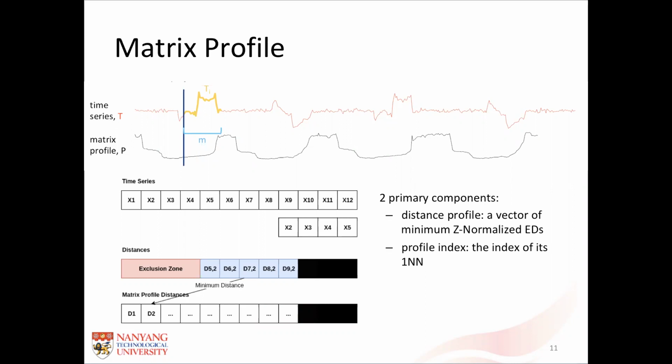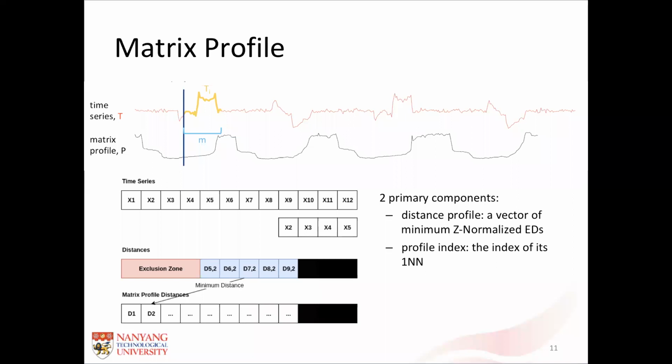We can compute the distance profile for all of the points. But there is one thing here: we have exclusion zones. Why do we have exclusion zones?